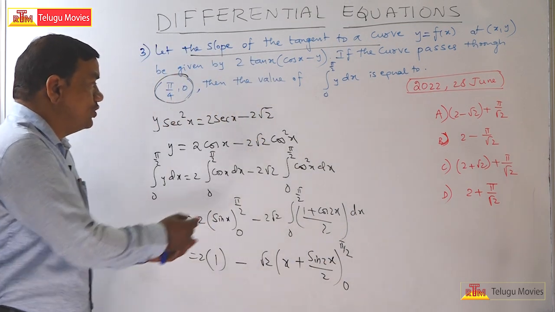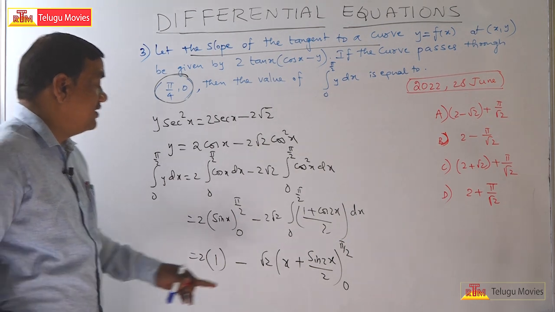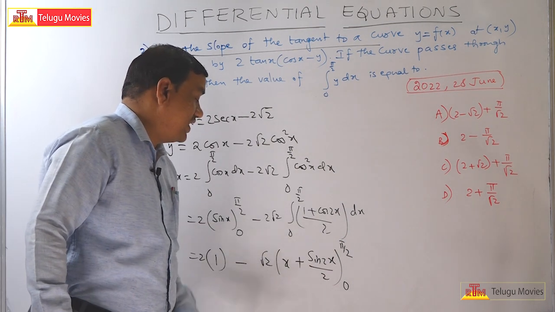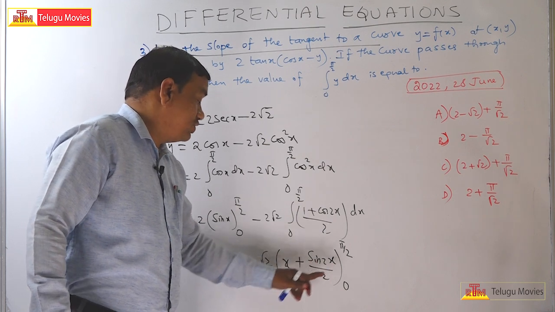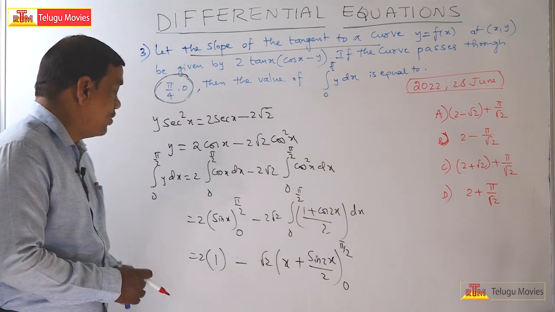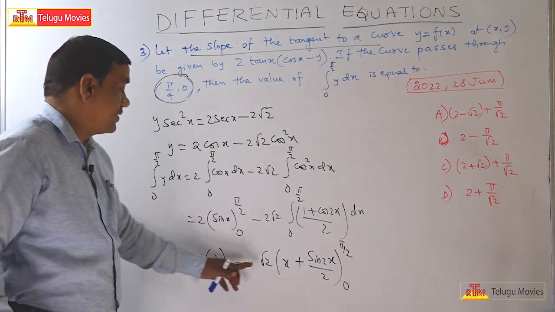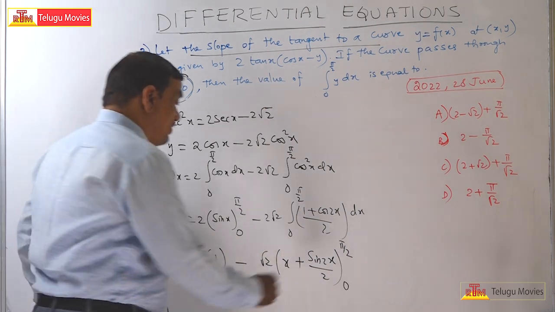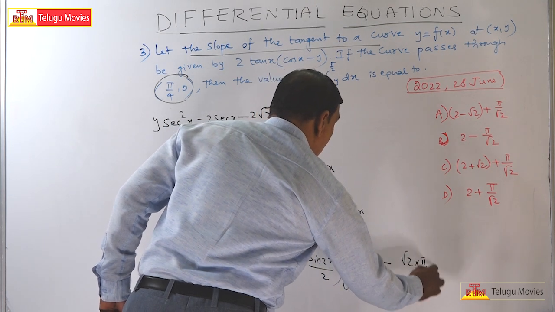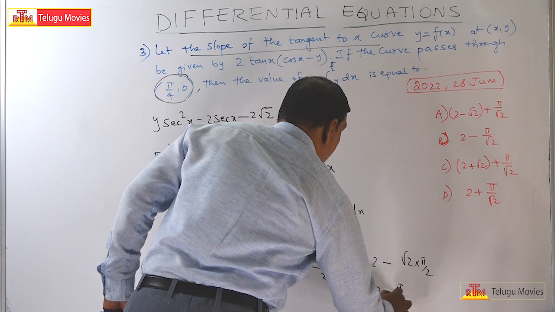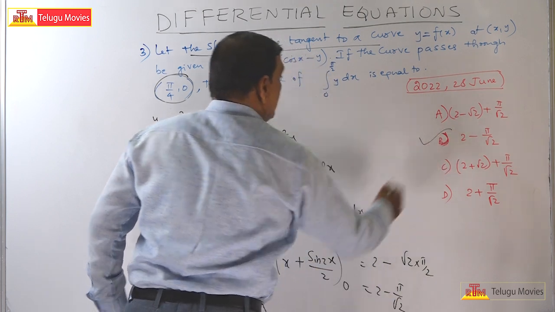Now you substitute these values: in place of x substitute pi by 2, next substitute 0. If you substitute pi by 2 here, again we get 0, and here you will get pi by 2. So, you will get 2 minus root 2 into pi by 2, which is 2 minus pi by root 2. So, option B will be your right answer.